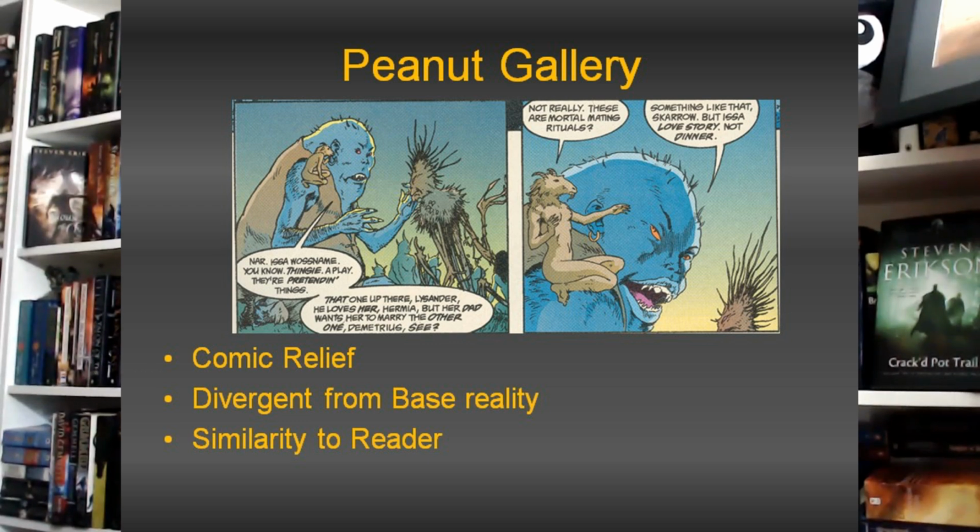In effect, their presence further blurs the distinction between the fictive reality of the Sandman, the comic book series, and the world of the reader, drawing one into the other, whilst at the same time we're seeing a blurring of two distinct worlds within the text which interact on multiple levels.